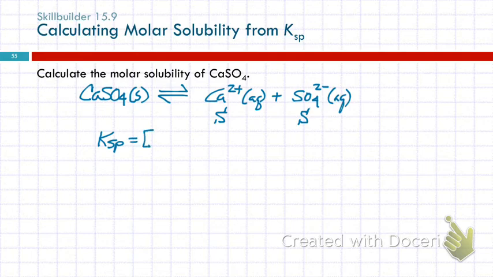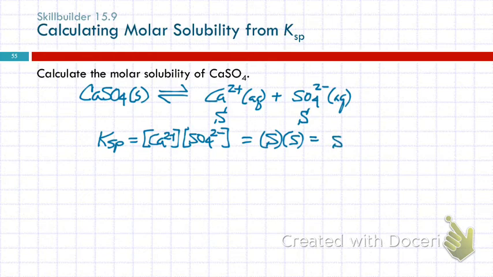KSP equals the calcium ion concentration times the sulfate ion concentration, which is S times S, or S squared.